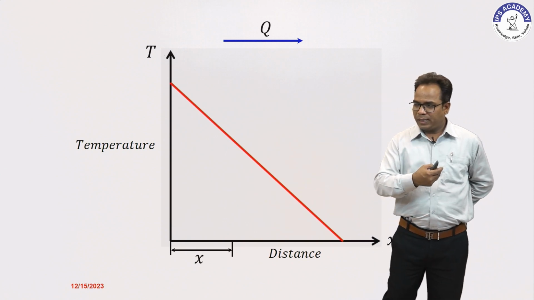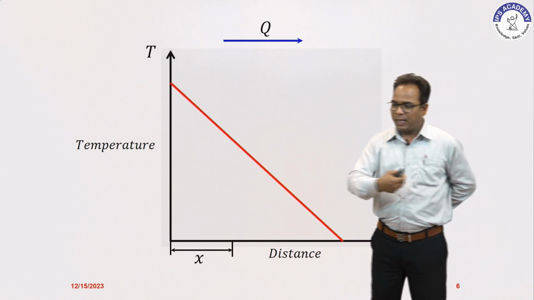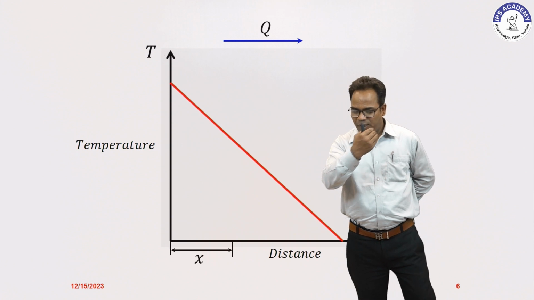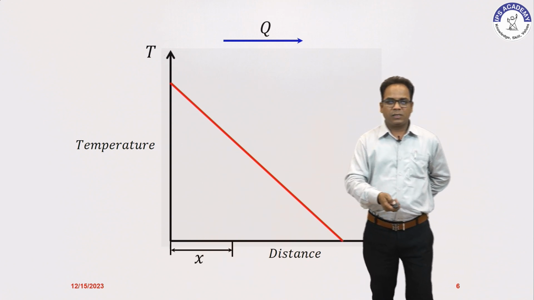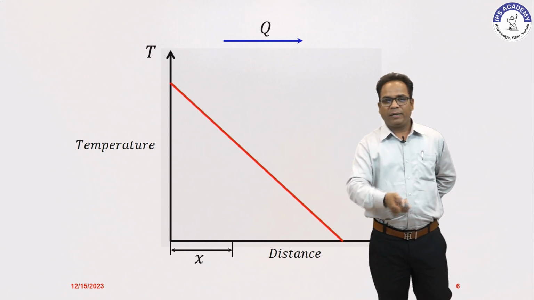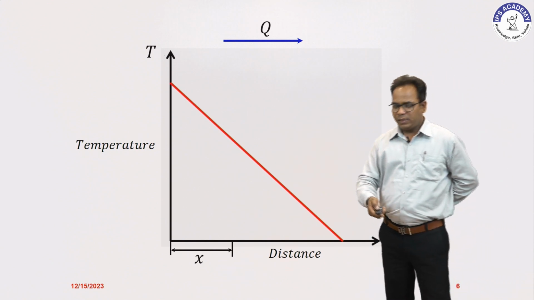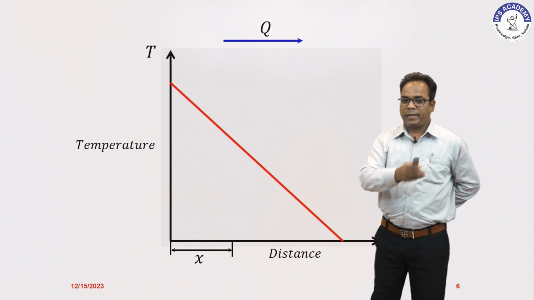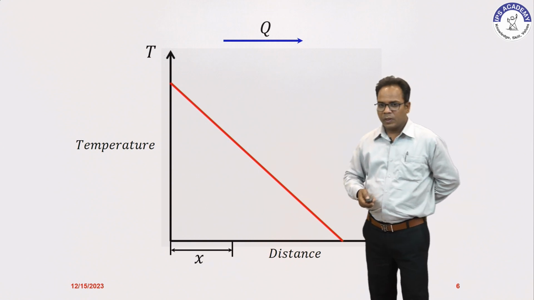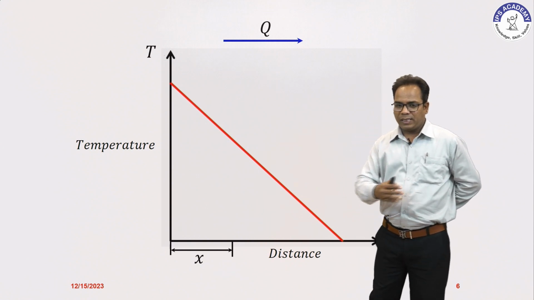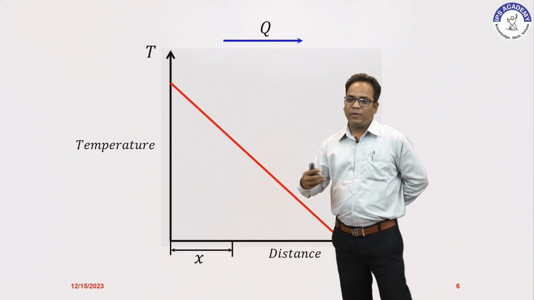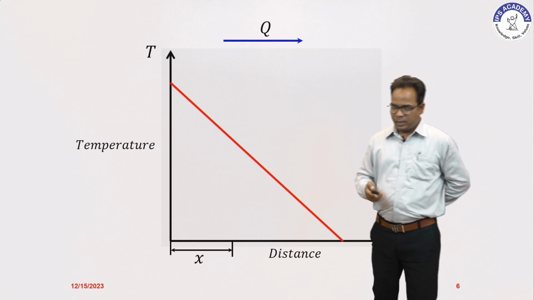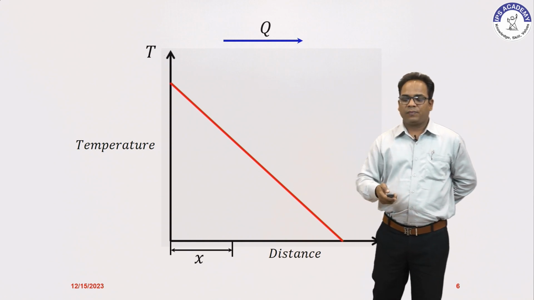As we move in the plus x direction, the temperature continuously drops. So we have a negative temperature gradient, and this is the direction of heat transfer.